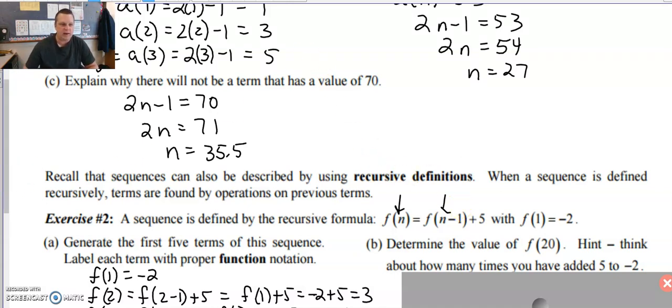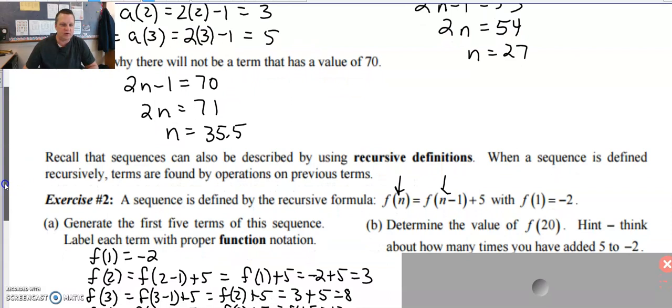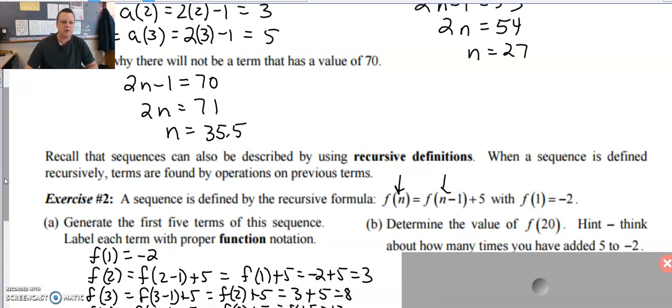Now that's the second term. The third term is f of 3. You plug 3 in for your n. You have f of 3 minus 1 plus 5, which is f of 2 plus 5. F of 2 is the previous term, an operation on previous terms, and that is 3 plus 5, which is 8.